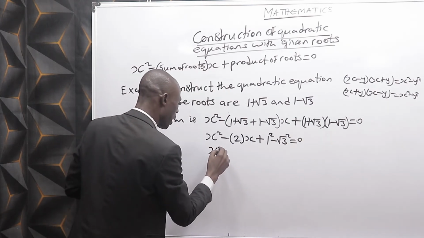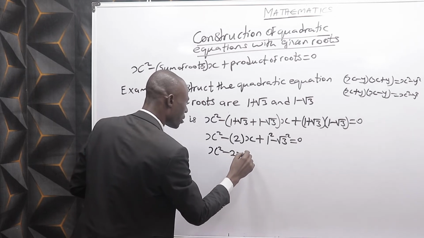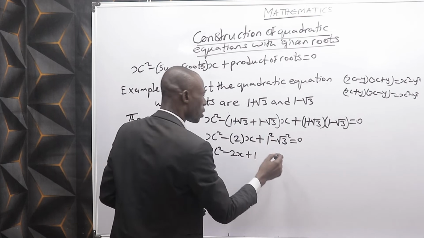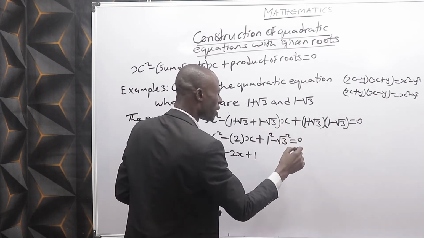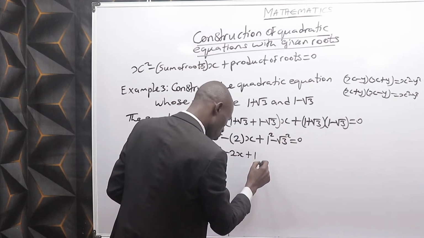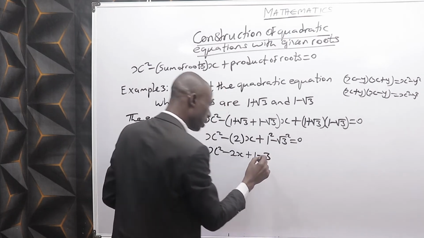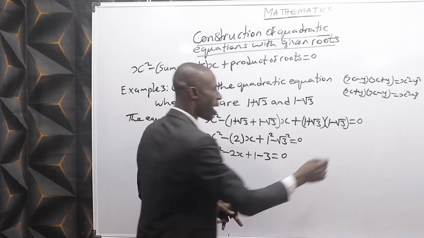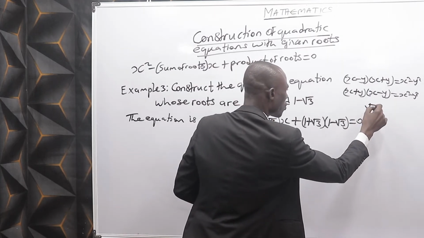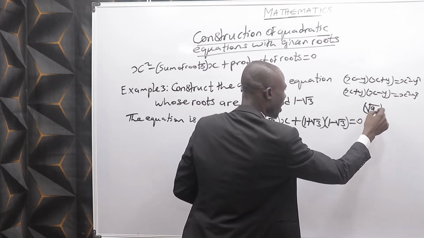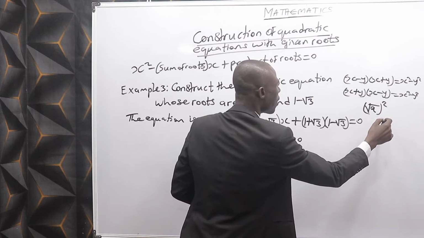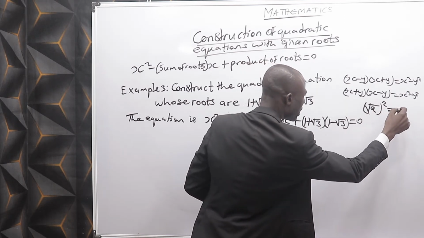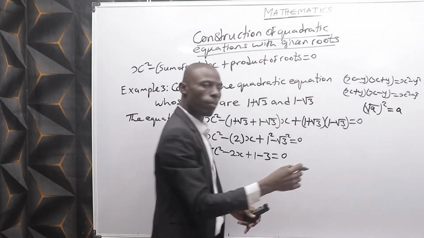So you have x squared minus 2x plus 1. 1 squared is 1. Square of root 3 is 3, minus 3 equals 0. When you square anything that has a square root already, the square root of a raised to power 2 will be a.